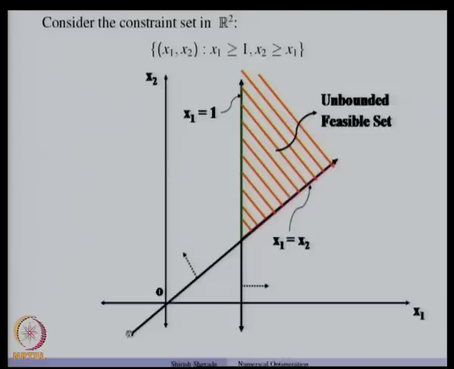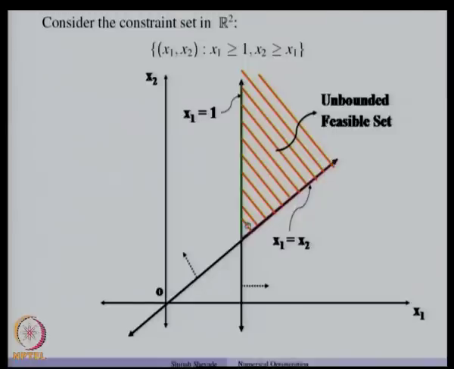So, first we draw the line x2 equal to 1, and the half space that we are interested in is indicated by this arrow. So, if we take the intersection of these two half spaces, that is shown by the shaded region in this figure. Now, you will see that this constraint set or feasible set is unbounded.